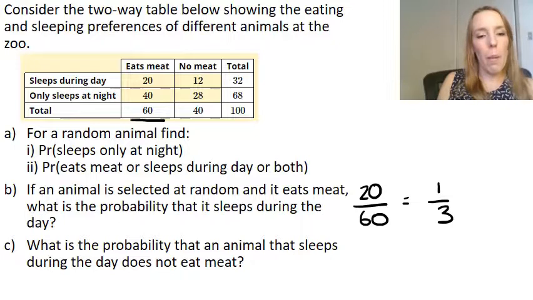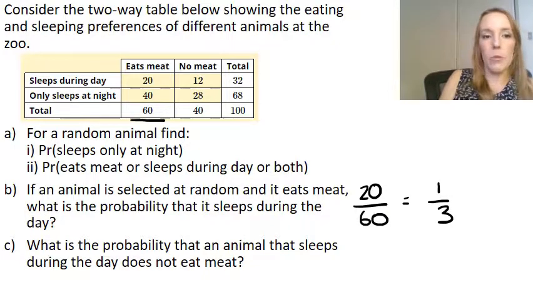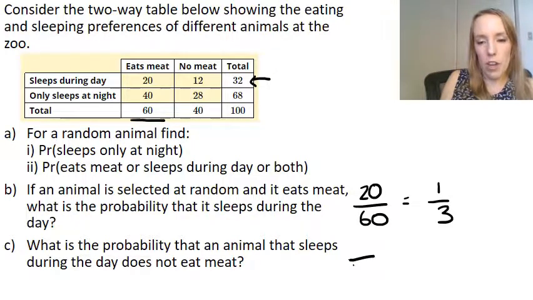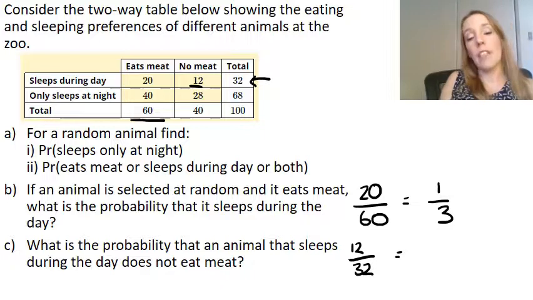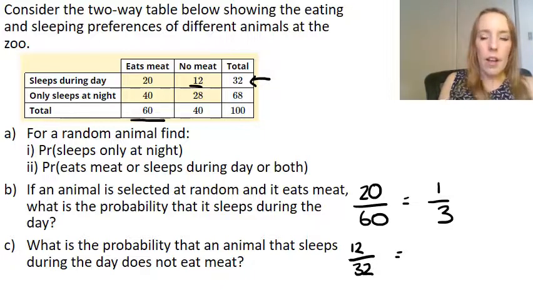Okay, so what is the probability that an animal that sleeps during the day does not eat meat? We're going to look at all the total number that sleep during the day, which is 32, so it's over 32. There's 12 of the 32 that don't eat meat. So we can divide that by 2.